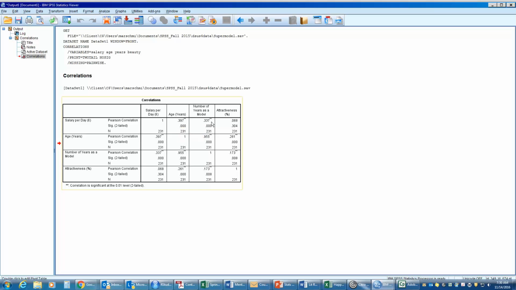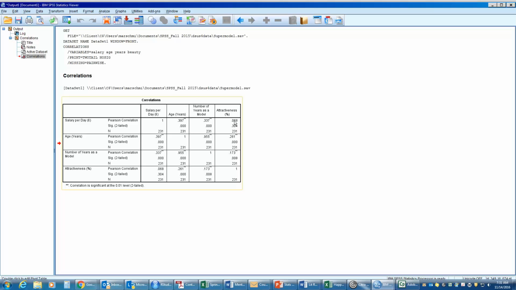We can already see that these are very similar in terms of the relationship that they have with salary. This is the R coefficient, correlational coefficient. And attractiveness, as you can see, is not related at all. If 0 is absence of shared variance or correlation, at 0.06, we're very close to 0.